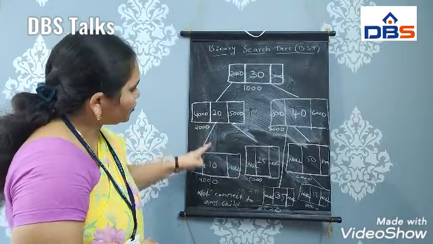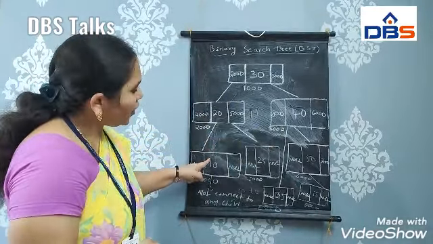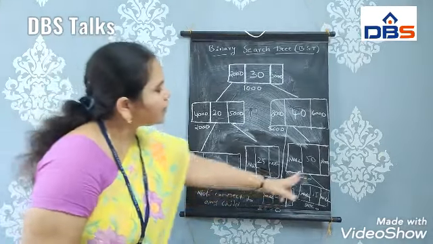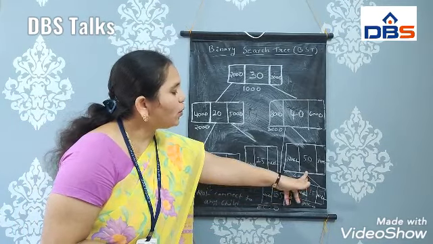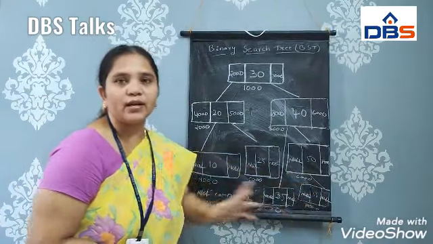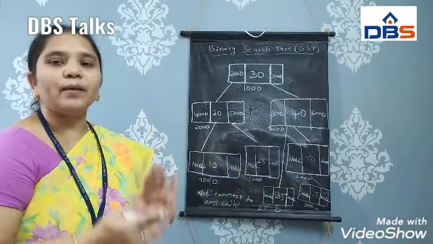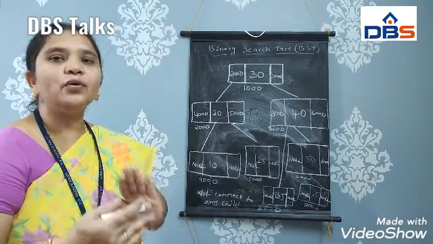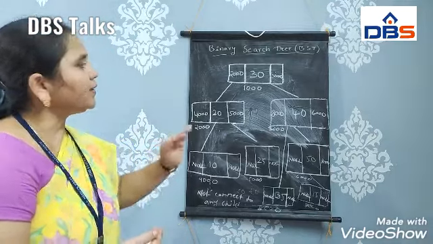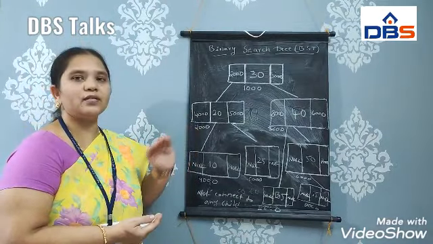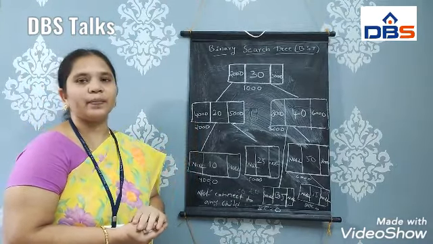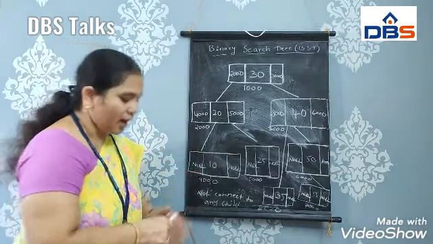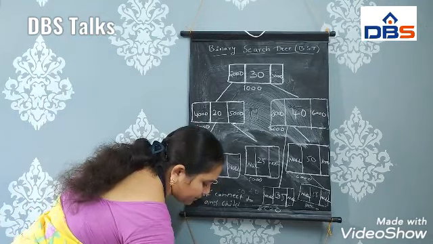Consider this node: it is not connected to any chain. And consider this node: it is connected to only one chain. That is the meaning of a binary search tree being connected to at most two nodes. That is another fundamental technical definition of a binary search tree. Hope you understood this, friends. Yes, now I am going to explain.